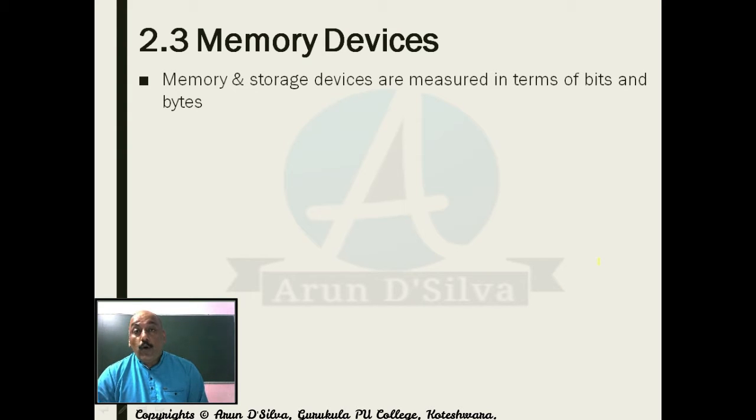I want to tell you that memory and storage devices are measured in terms of bits and bytes. So what is a bit? I gave you this information in the last unit, but still I'll make it clear. A bit means a binary digit. A single digit is called a bit.